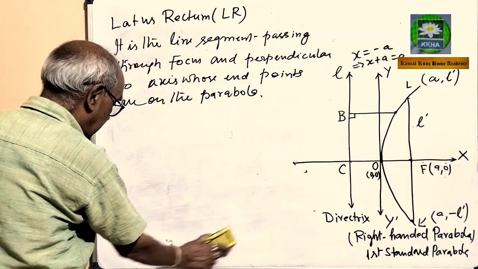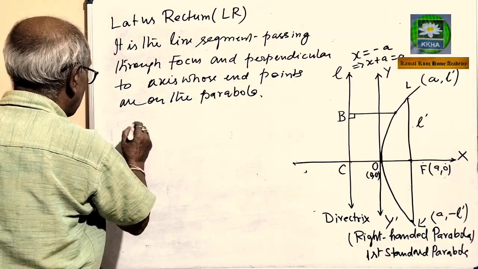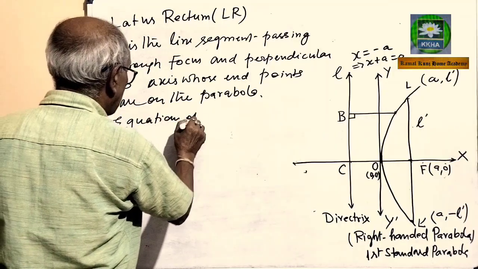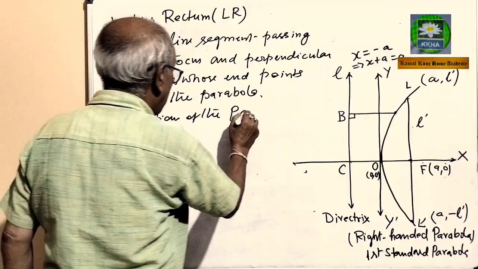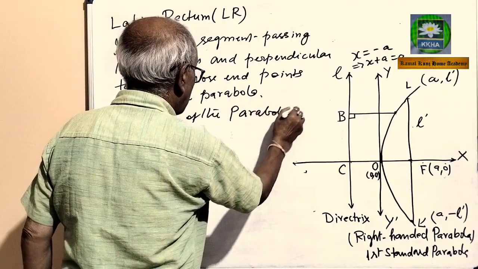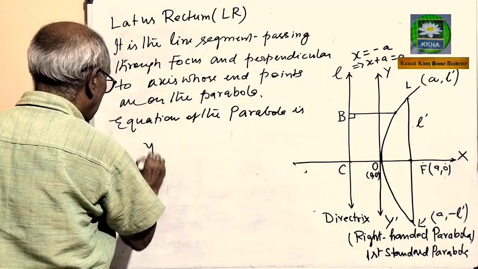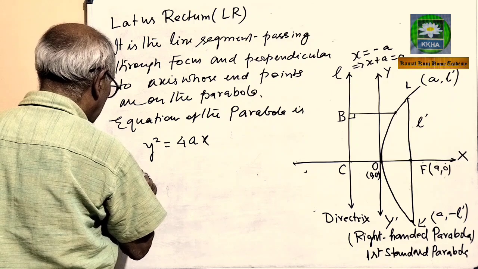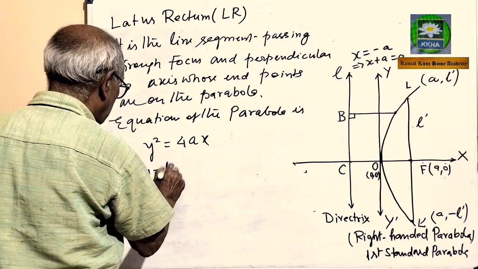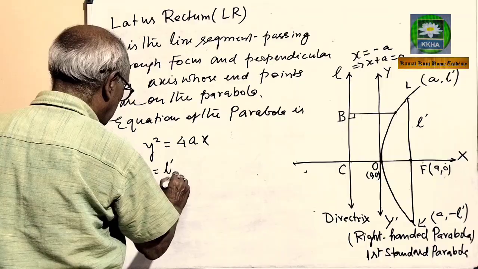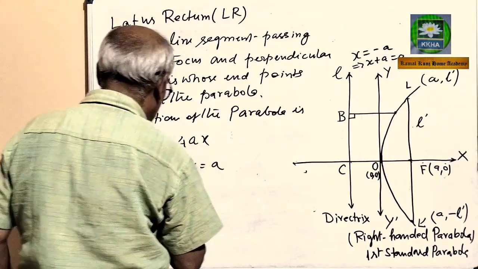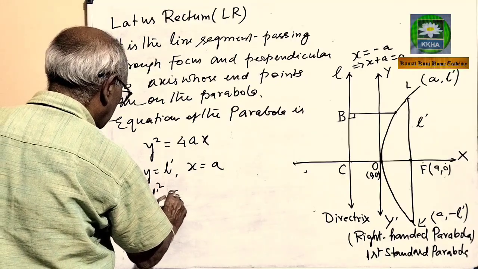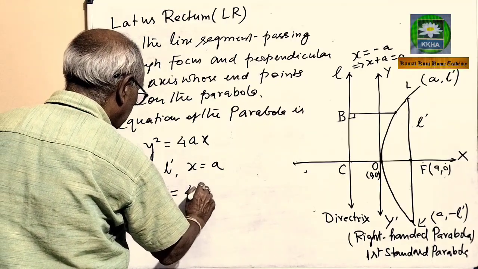Now the equation of the parabola is y square equal to 4ax. Here y is equal to L dash and x equal to a. Therefore, L dash square will be equal to 4a square.